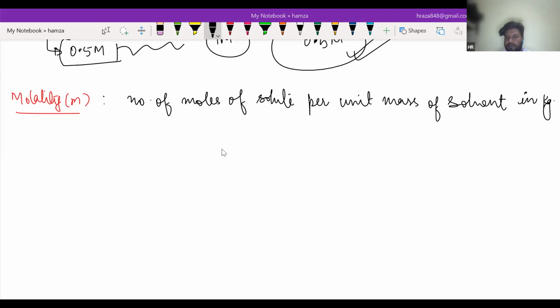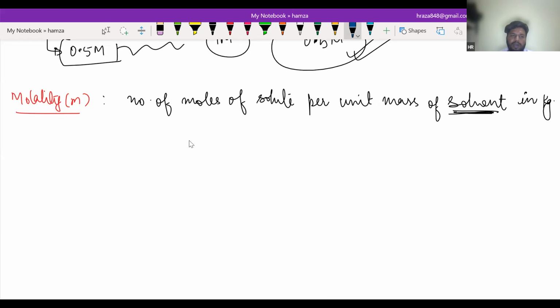This is the only concentration term in which solvent is used in the denominator. Except for this, every concentration term uses solution in the denominator, but this is the only concentration term in which we use solvent in the denominator.